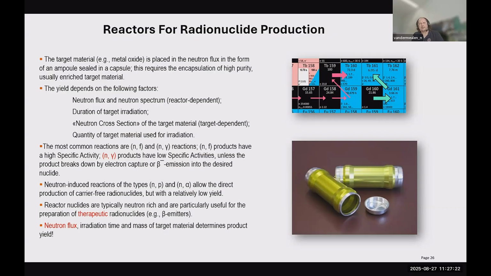So over a period of time, everything that is being made to gadolinium-161 is decaying to terbium-161, and therefore your nuclide and your target material are different, so that means you can chemically separate it.